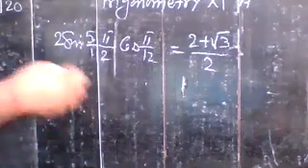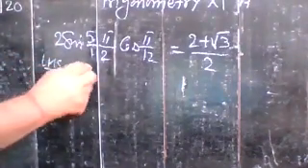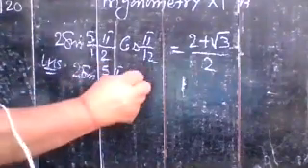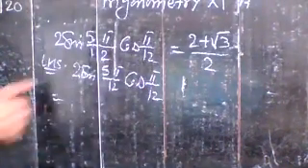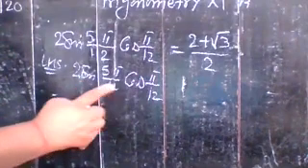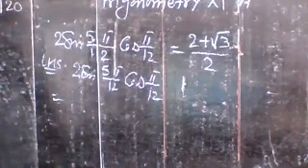So if you take the left side, that is 2 sin 5 pi by 12 cos pi by 12. Now apply the identity 2 sin A cos B, which is equal to sin (A plus B) plus sin (A minus B).